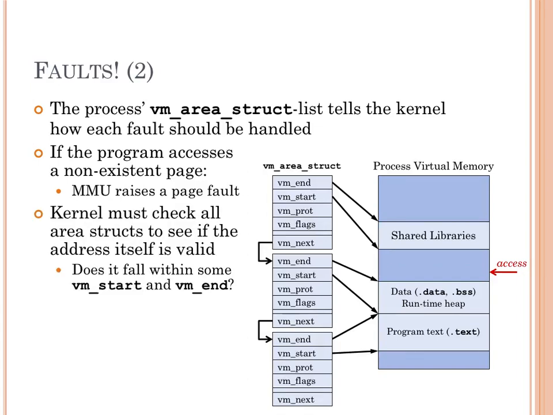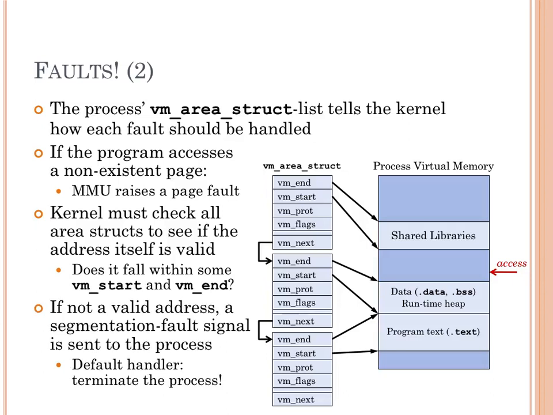Okay. So it looks, and if it doesn't find an entry that corresponds to the address that was accessed, it says, I know this is not a mapped address. It's not a valid mapped address for this program. So it generates a SIGSEGV, sends it to the process, and typically that'll just kill the process, unless you're doing crazy Homer Gate stuff, right? Where you say, I want SIGSEGV to mean something. Okay, everybody got that?